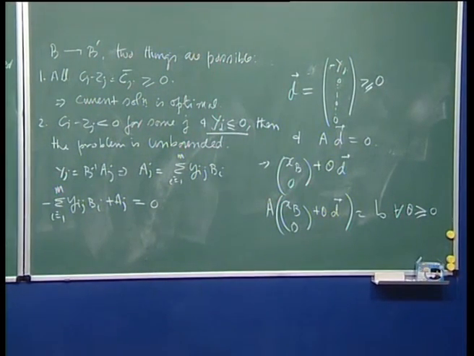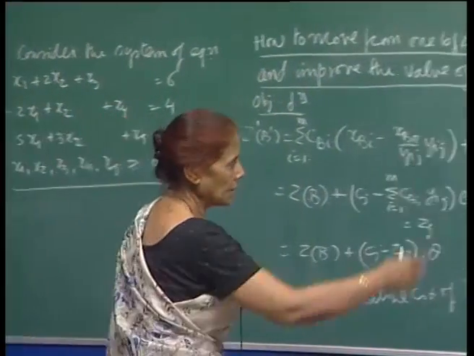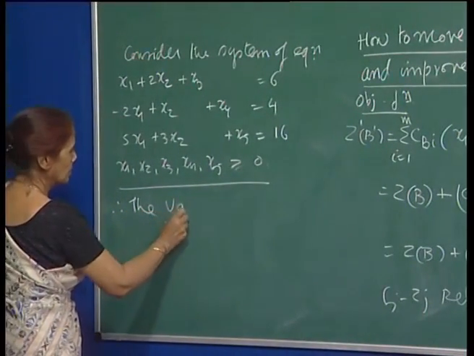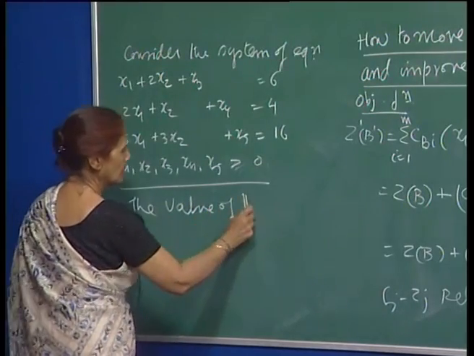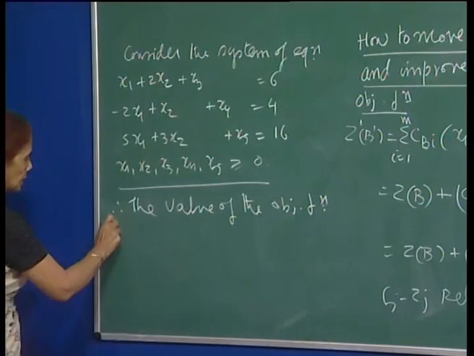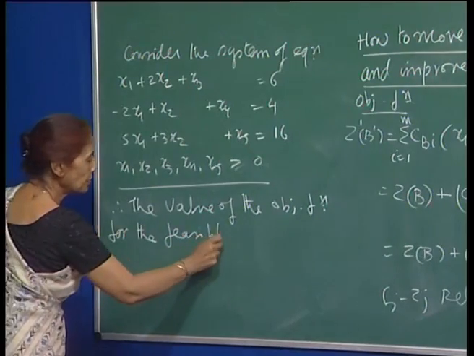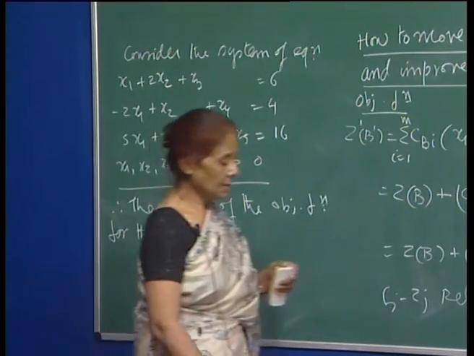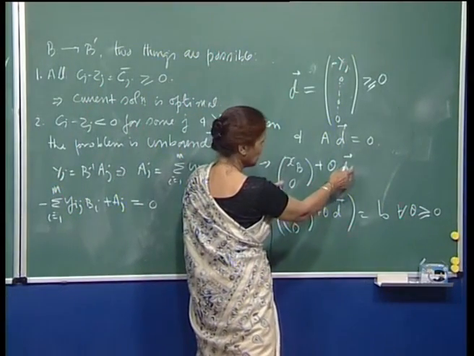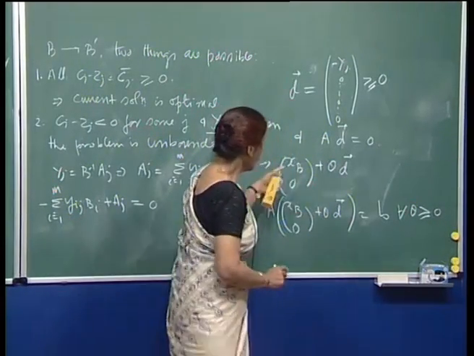So, the value of the objective function for the feasible solution. Remember, it is not a basic feasible solution, because it has m plus 1 components. This vector D has m plus 1 components, non-negative, and this has m components.